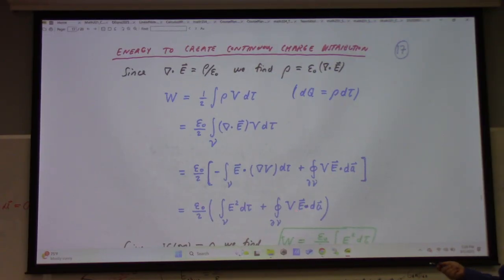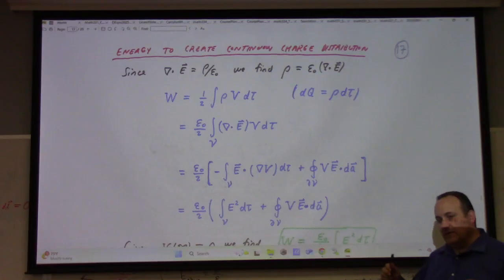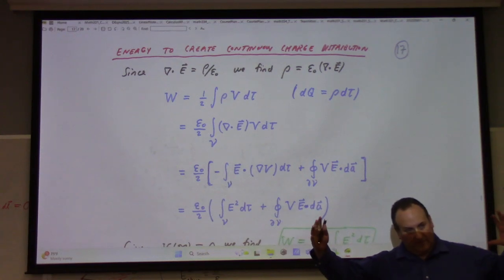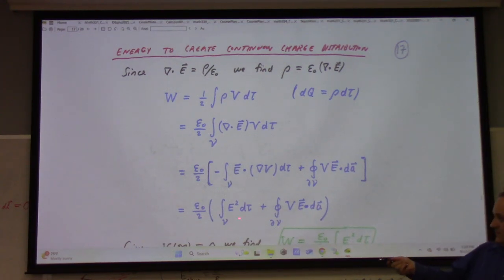And so if we're in the situation where the voltage goes to 0 at infinity, as we expand the volume out to infinity, this piece goes away and we're just left with the E squared.